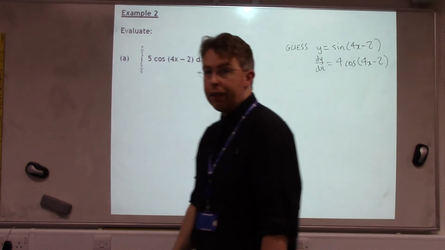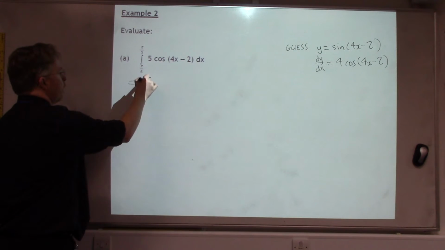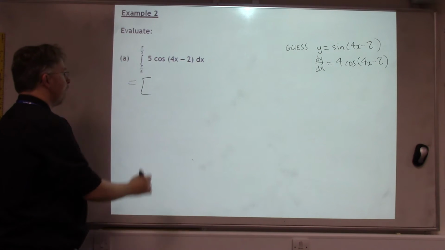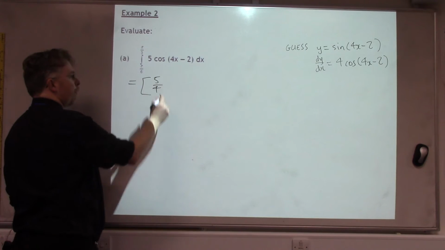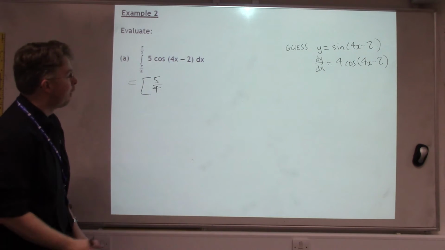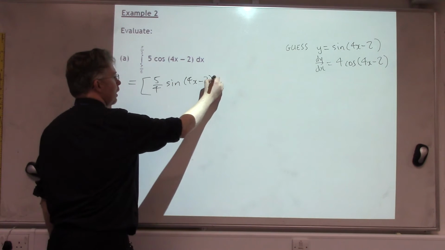Well, we want 5 and not 4. So we need to divide our guess by 4 and times it by 5 to change it from 4 to 5. So 4 divided by 4 times 5 will give us back to 5. So 5/4 of our sine 4x minus 2 guess.